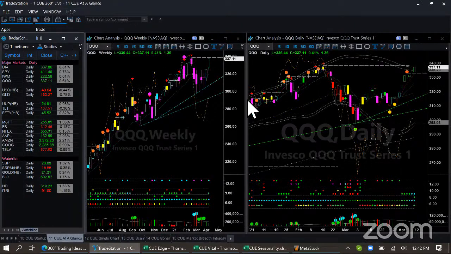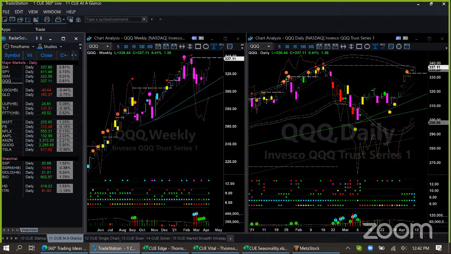If we look at QQQ, this is also very bullish, though it did not make a new all-time high. SPY easily made a new all-time high this week. QQQ is about to make a new all-time high. Looking at the weekly candle and the daily candle, it seems that next week it is going to take out the watermark resistance and create a new all-time high in QQQ as well.